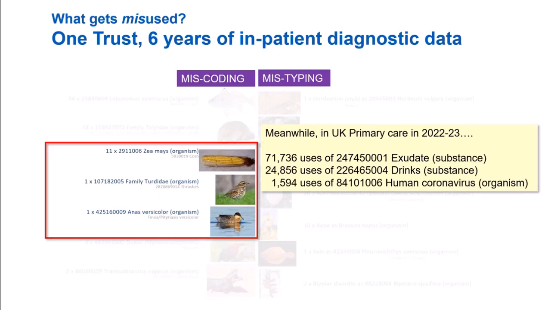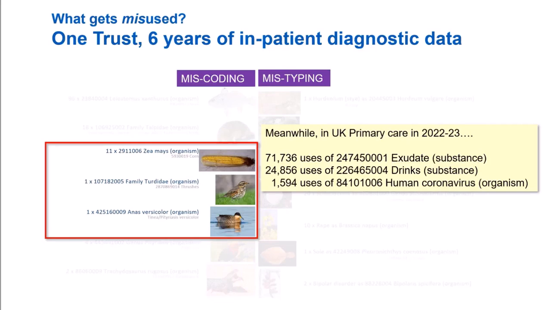So exudate in a primary care setting probably more likely means that the patient, when you look into their eyes with an ophthalmoscope, has evidence of fatty stuff exuding from the blood vessels at the back of the eye, which is a symptom of hypertension.